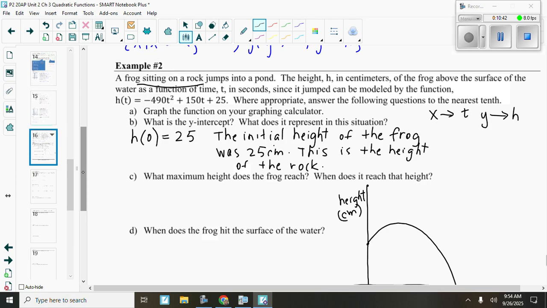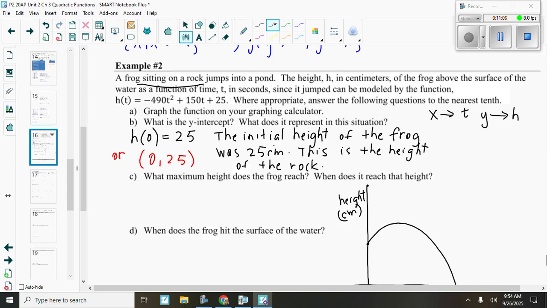That's a great question. You can write it in function notation. This is what I'm looking for: h at 0 equals 25. That is sufficient. Or you could give it to me as a coordinate pair.